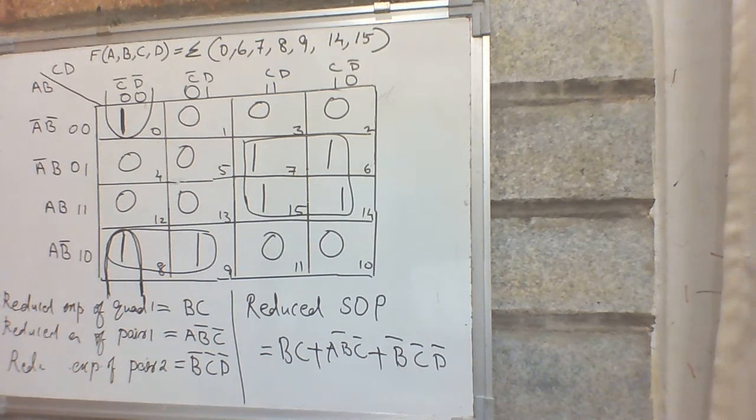So the reduced SOP is equal to BC plus A B bar C bar plus B bar C bar D bar. This is the reduced SOP. That is the sum of min terms. Min term means product. Sum of these products is the SOP, or sum of min terms is SOP.